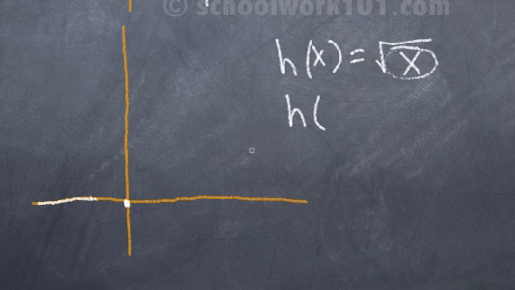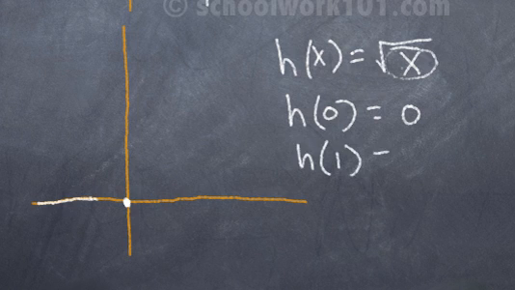But we can plug 0 in. So h of 0 is the square root of 0, which is 0. So that is a point on our graph. Now what about h of 1? The square root of 1 is 1. So we'll say this is 1 here, and we get 1 out.